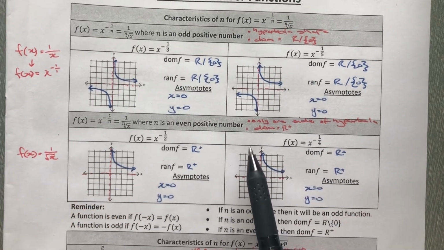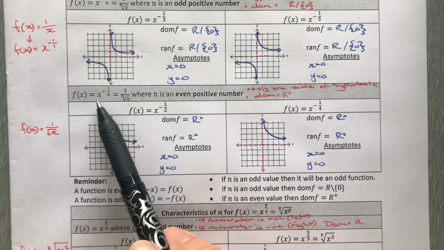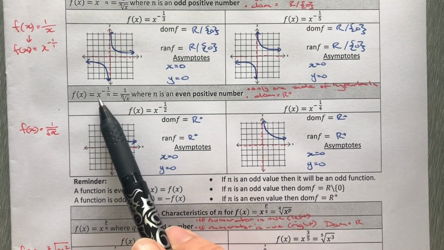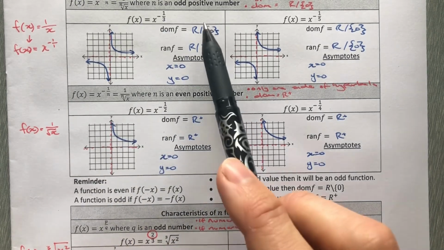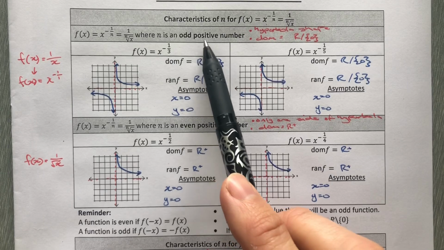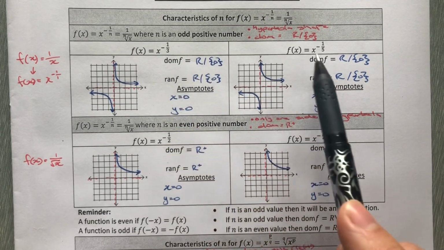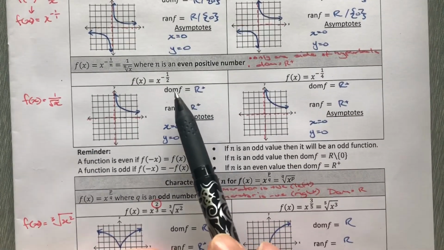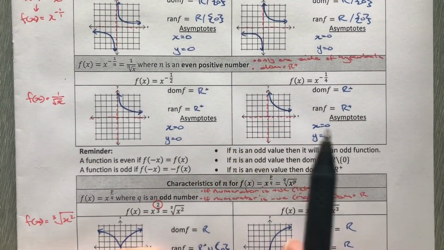So let's move down to the next couple here. So now we're looking at y equals x to the power of -1 on n when n is an even positive number. I should have said up here before that's an odd positive number. So we can see that we've got 3 there and 5 there. So down here we've got 2 and 4. So even positives, odd positives.